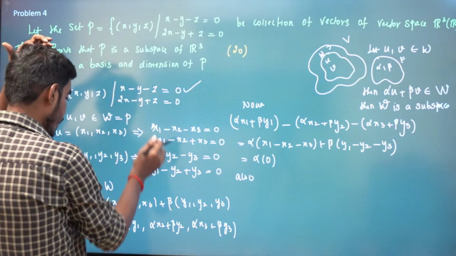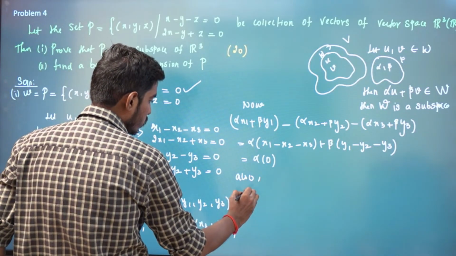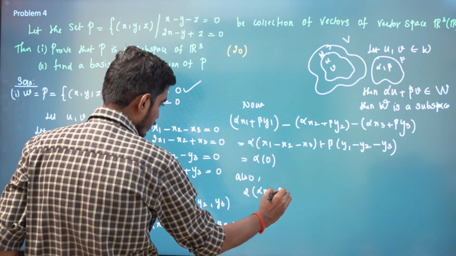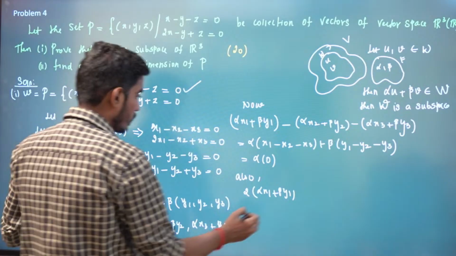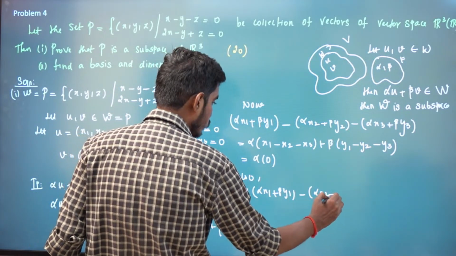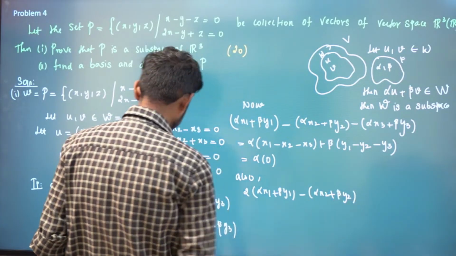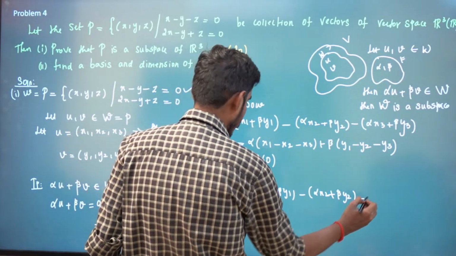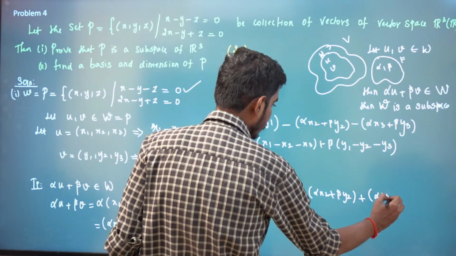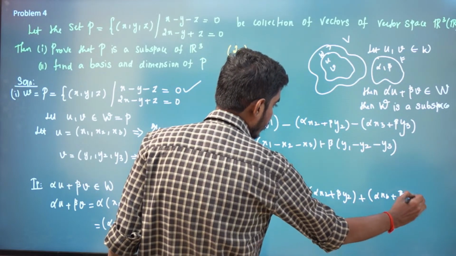Also 2x minus y plus z, with x equal to alpha x1 plus beta y1, y equal to alpha x2 plus beta y2, and z equal to alpha x3 plus beta y3.